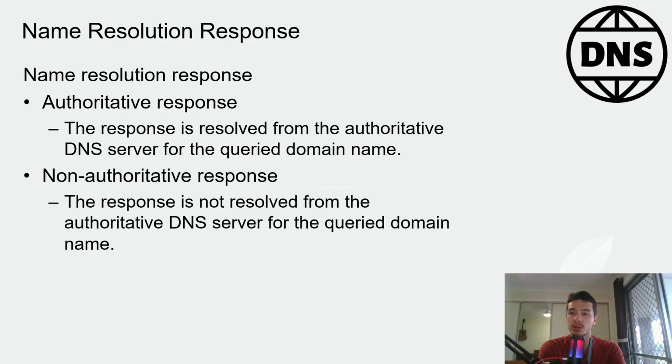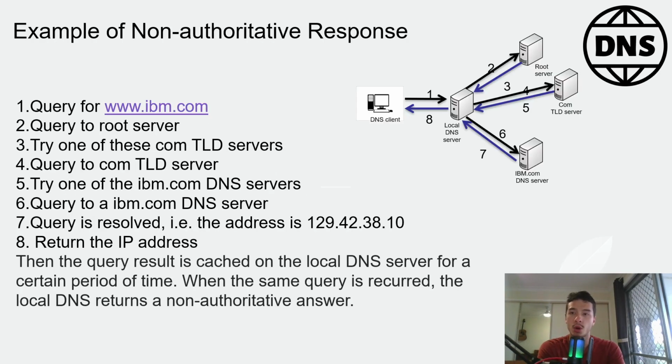Name resolution response, authoritative response: the response is resolved from the authoritative DNS server for the required domain name. Non-authoritative response: the response is not resolved from the authoritative DNS server for the queried domain name. So an example of a non-authoritative response is you are querying for the IBM client, ibm.com. So you are this computer right here.